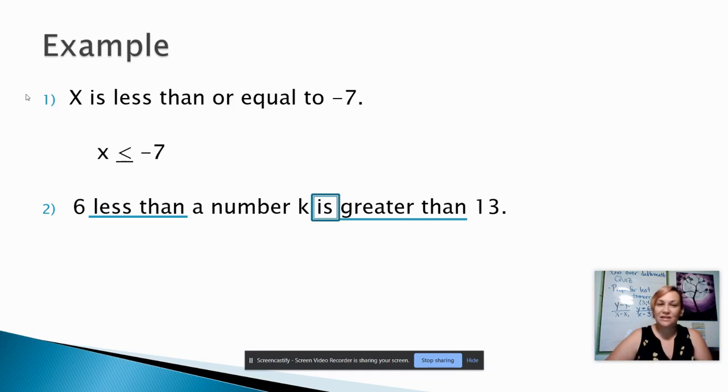That means that the phrase less than is actually talking about a subtraction problem. Now, less than is a pretty tricky phrase. We're actually not going to do 6 minus k. When you see the word than or from in a subtraction phrase, you're going to flip-flop the order. And so instead of doing 6 minus k, I'm going to do k minus 6.